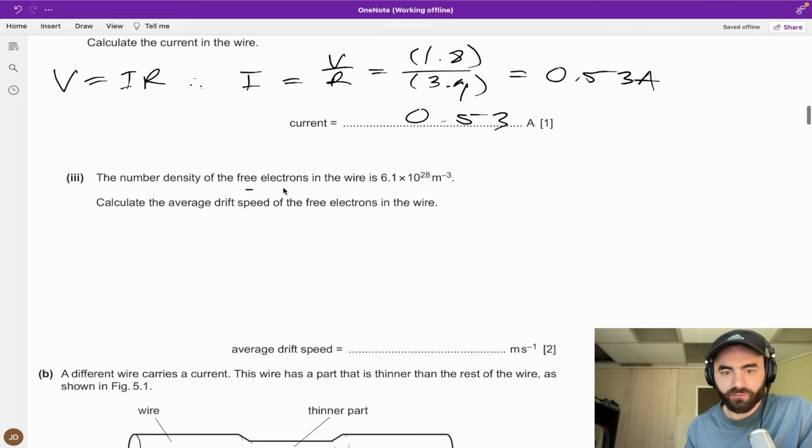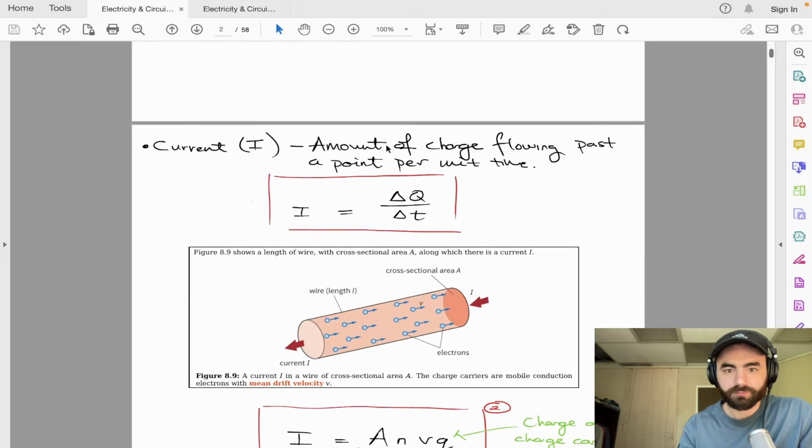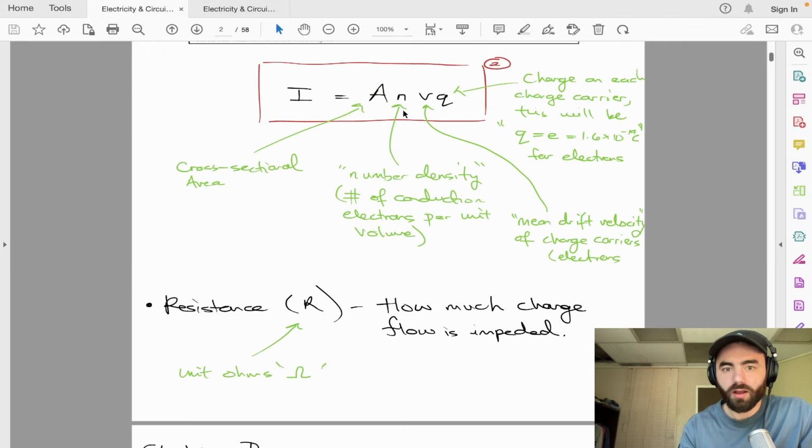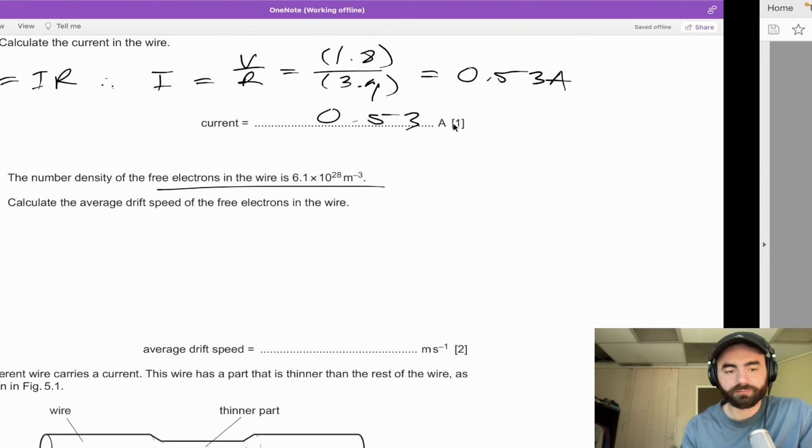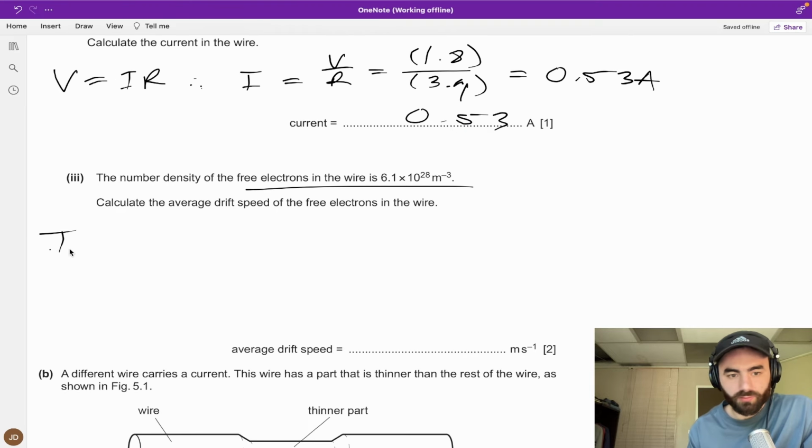The number density of free electrons is given. Calculate the average drift speed. This is from I equals ANVQ. And because it's electrons, this Q, like I say on the worksheet, is E, because the charge is electrons.